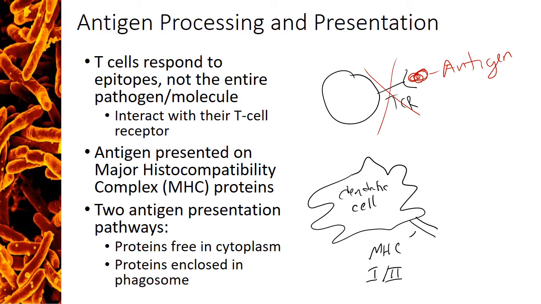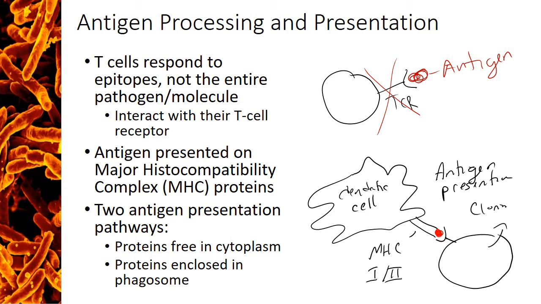So instead, the dendritic cell holds the antigen out here on the MHC molecule, and the T cell, with its T cell receptor, is able to interact with that MHC. This is called antigen presentation. And it's the antigen presentation that's going to then activate that clonal selection for this specific lymphocyte, the T cell that's being presented to.